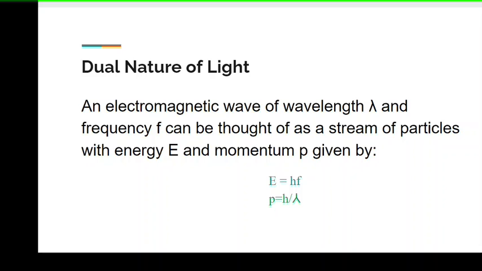So we can say an electromagnetic wave of wavelength lambda and frequency f can be thought of as a stream of particles with energy E and momentum P, given by E is equal to hf and P is equal to h by lambda.